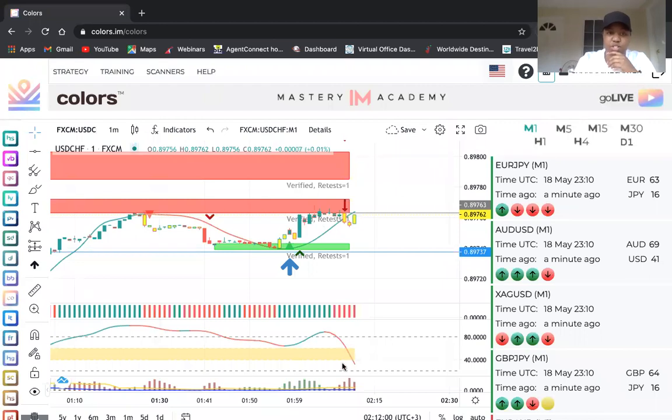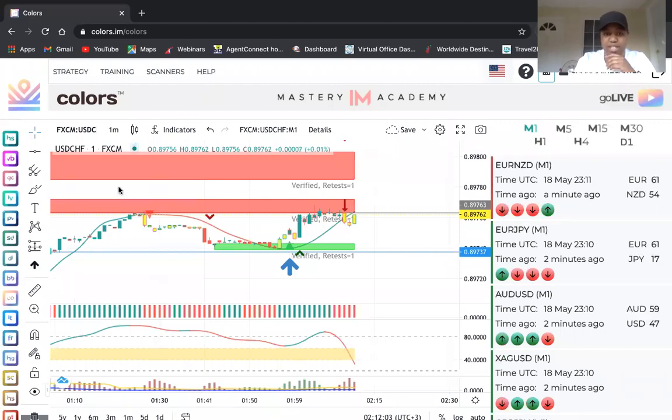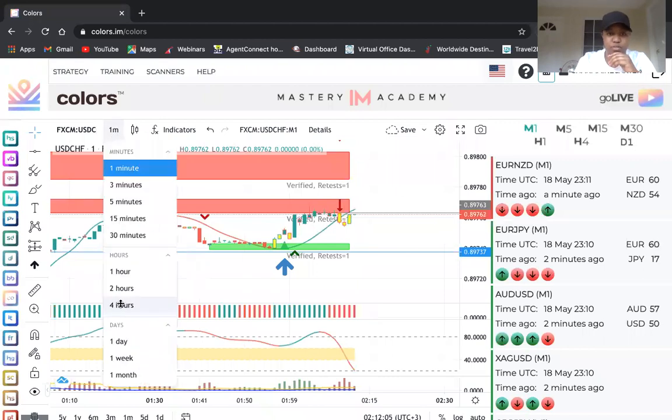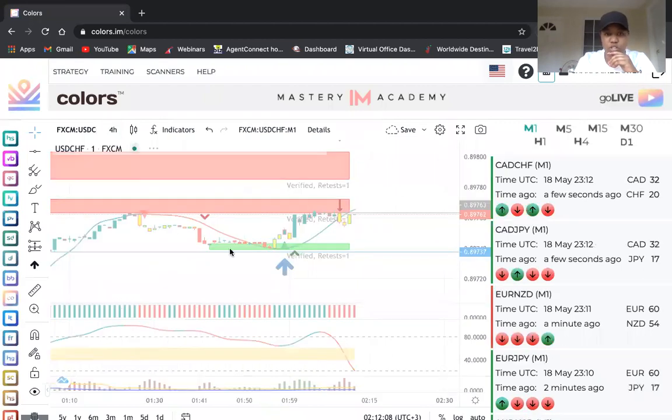So this is on a 1 minute time frame, guys, and you can move up to a higher time frame to see who is in control. So if we go to the 4 hour, you can literally see who is in control.